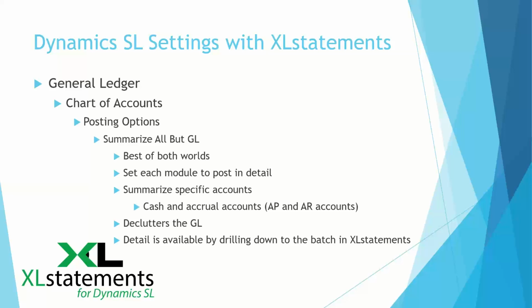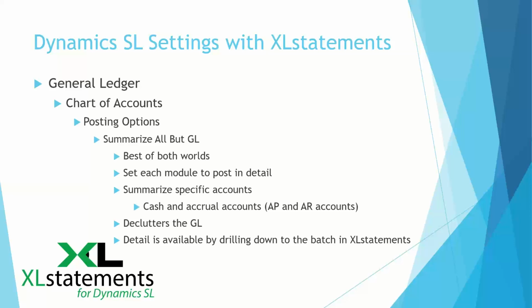When that's posted with post in summary, if you've used the same expense account on multiple vouchers, all of that will automatically be combined into one line in your general ledger. And your accounts payable accrual account, which is hit for every one of those vouchers, will be summarized as well.